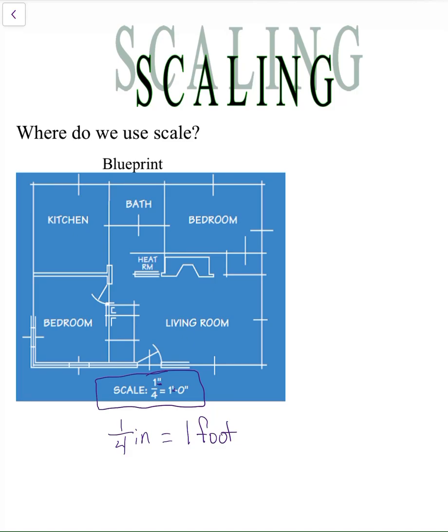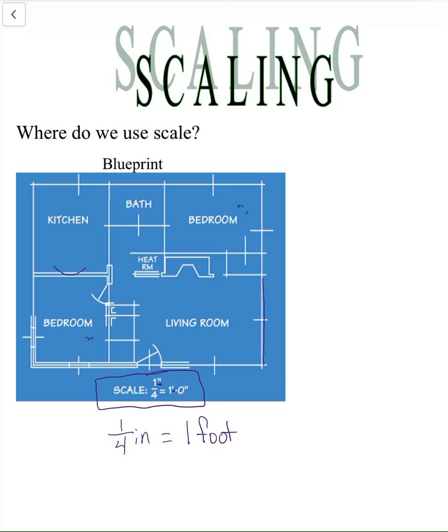So you could actually take a ruler and measure, let's say, the length of the living room, see how many inches it is, and then change it to feet. So you can see how many feet long that living room would be. We can also tell from the blueprint that this bedroom over here is a little bit bigger, a little bit longer than this bedroom over here.